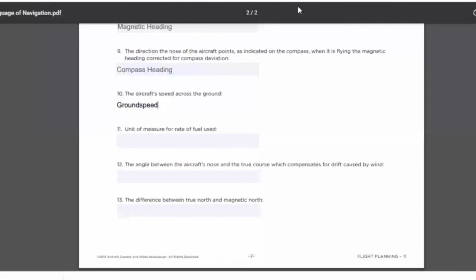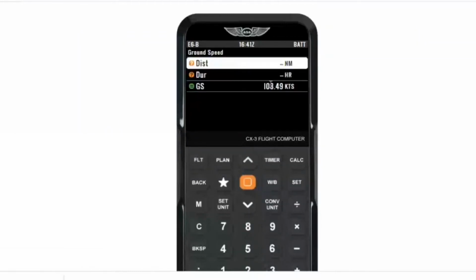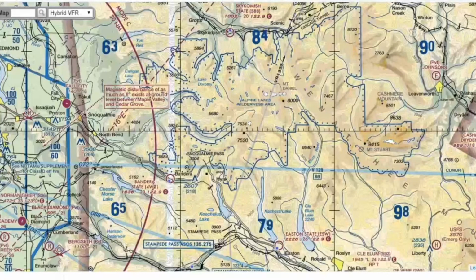Let's go back to the menu here. And you want to know ground speed. You come in here and say, okay, well, if we measured the distance on this flight from that airport to the other airport with the plotter using the correct scale and said it was 100 miles.